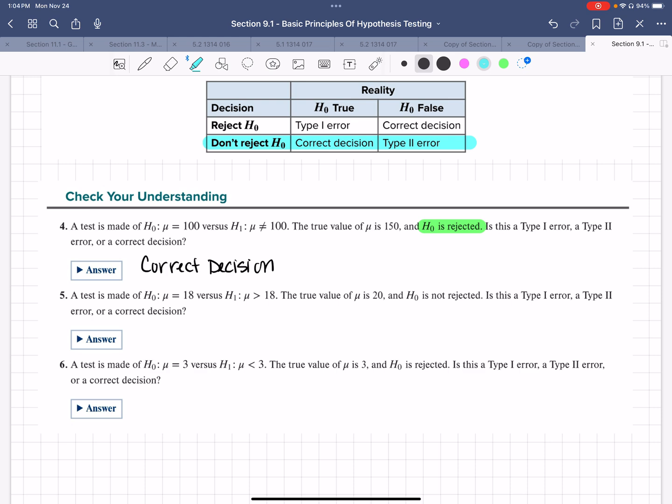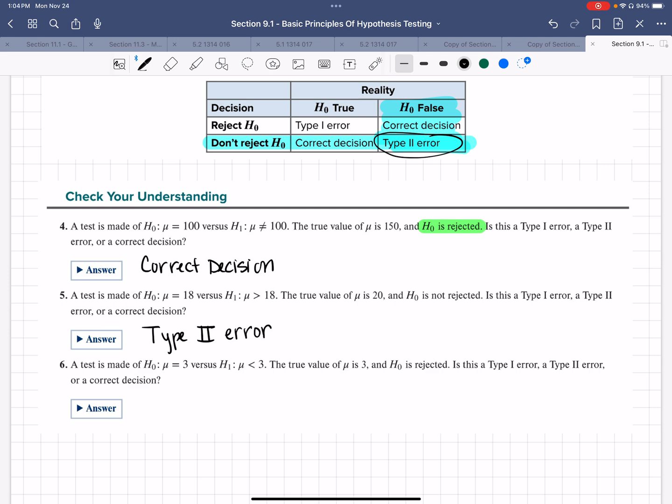Since mu is 20, that null was actually false. So who's my intersection? That is a type 2 error.